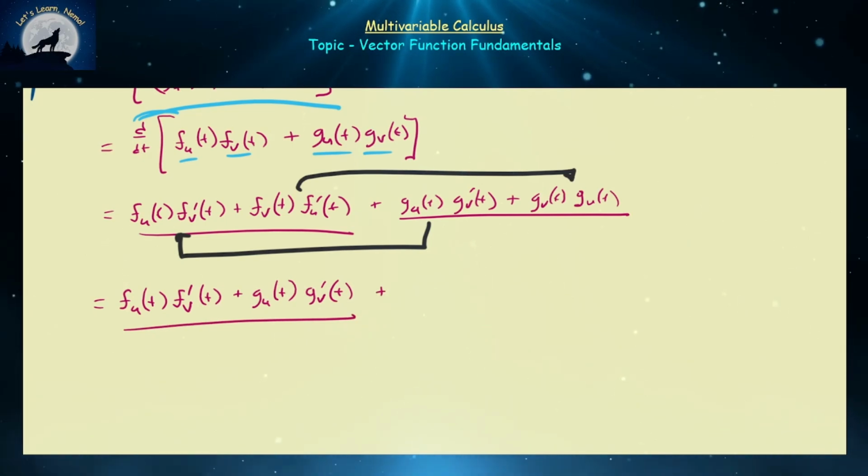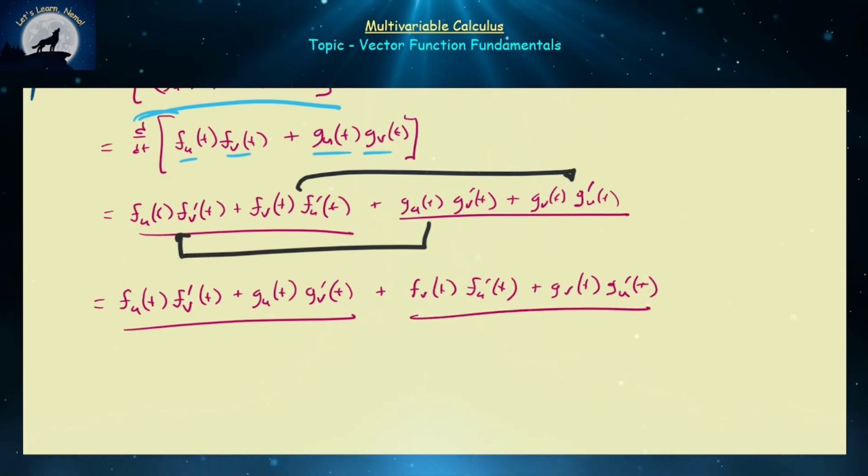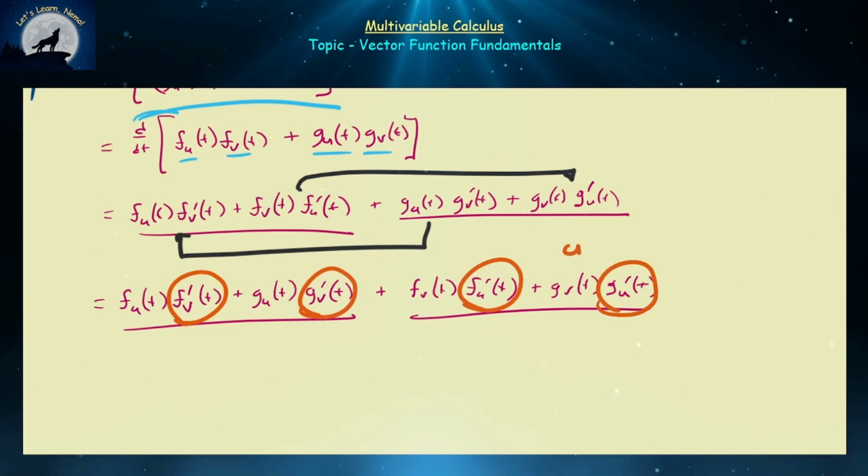And then I'm going to have fv(t) fu prime(t), and then gv(t) with, I'm missing a derivative, first times the derivative of the second plus the second times the derivative of the first, so gu prime(t). All right, so what have I done here? I've grouped the derivatives of v here, so that's the derivative of v. And over here I have the derivative of u, so that's u prime, and this is the v prime set.